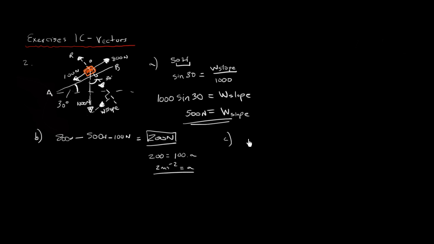And in part C they say the reaction R on the car, which is this guy up here. That's the force of the surface of the slope pushing on the car so that it doesn't go through the surface. They ask us to calculate the reaction on the car at right angles to the road.